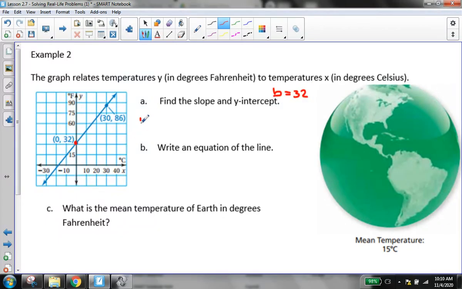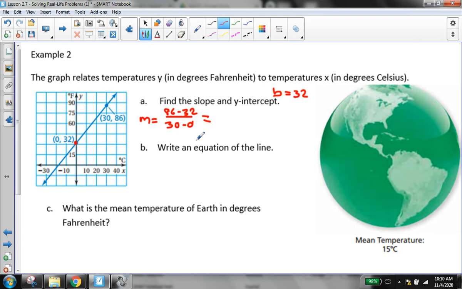All right, to get your slope, remember, you can do slope formula. I'd be really careful counting my rise over my run, because if you take a look, the y-axis is actually going up by 15s and the x-axis is going up by 10s. So we would do 86 minus 32 all over 30 minus 0. You can punch that in your calculator.